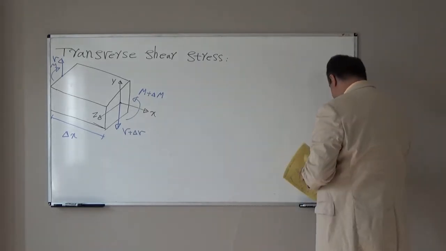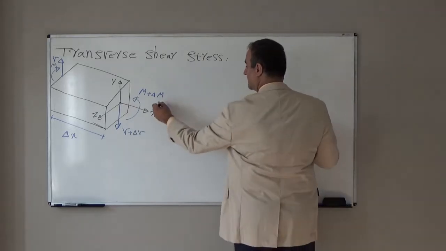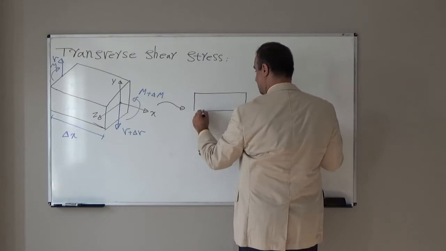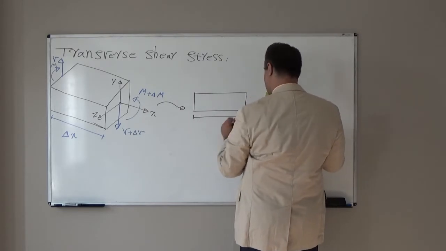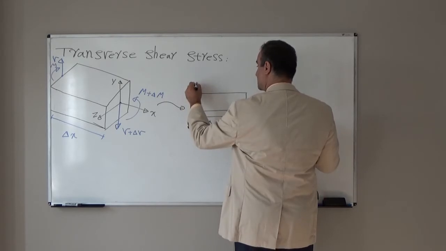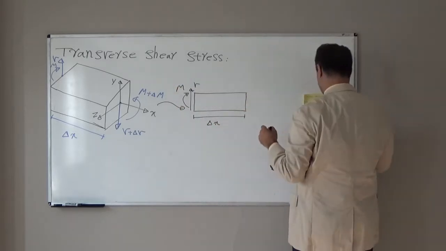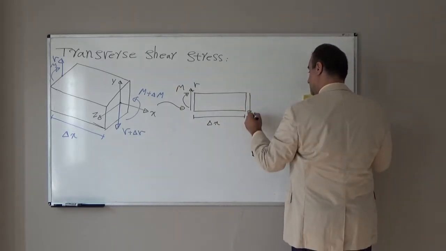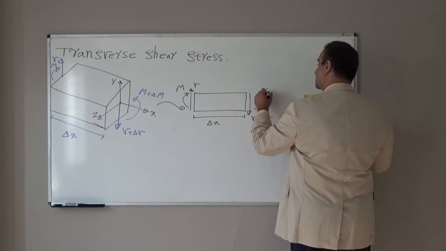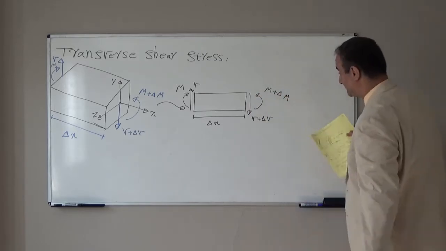If I show that in two dimensions, this is a segment of the beam, the length is delta x, with shear force V and bending moment M on one side, and shear force V plus delta V and bending moment M plus delta M in the general case.